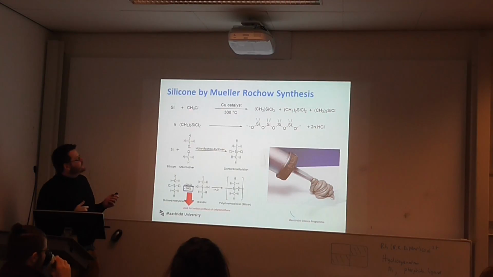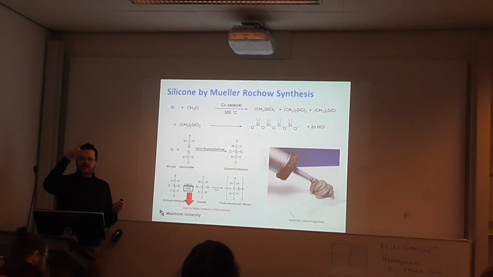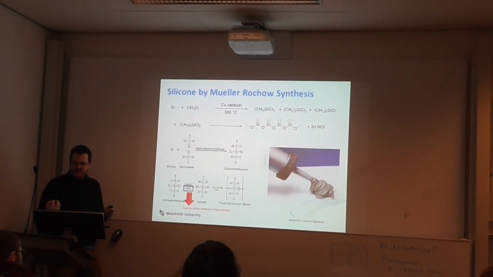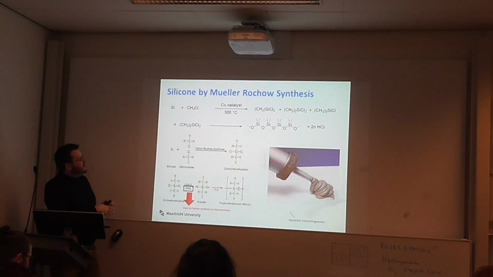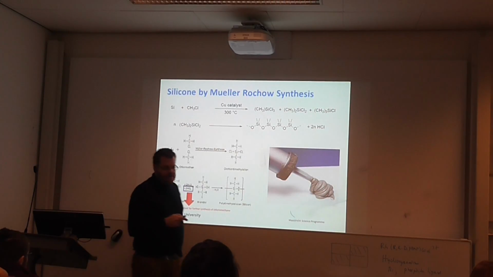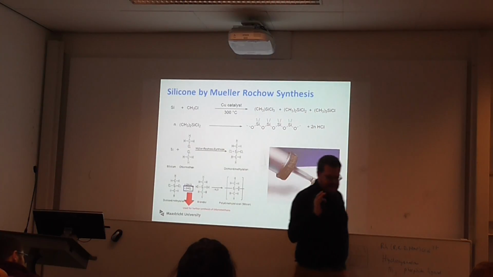That's basically what happens here. If you take methanol and bubble HCl through it, it's a cyclical process. The HCl that's generated is refed into the process to form chloromethane, which then reacts with silicon mediated by this copper catalyst, and so you can make silicone.